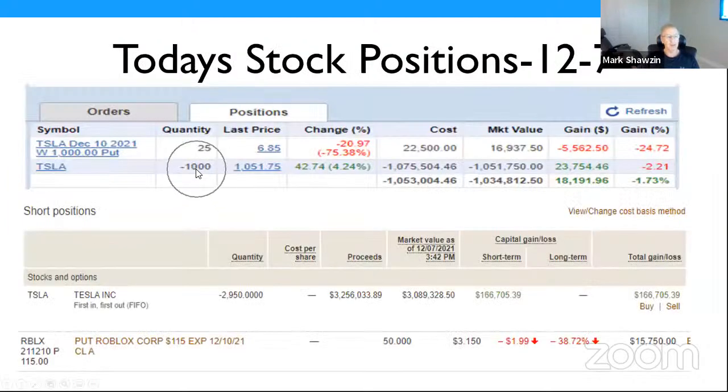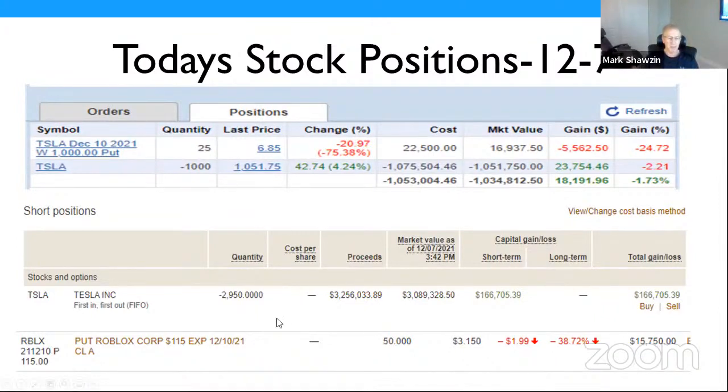I've got 1,000 shares short of Tesla in this account, and I'm up about 23 grand on the position. I was up a lot more. I'm also short 2,950 shares, $3 million worth of Tesla stock, and I have $166,000 worth of profit, but I've also given back a lot of profit since Tesla rebounded from the 950 level just yesterday.